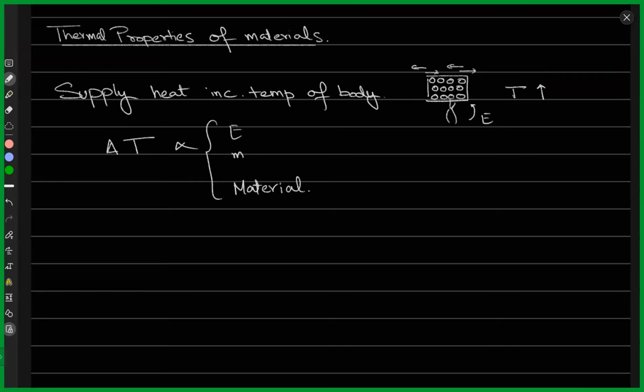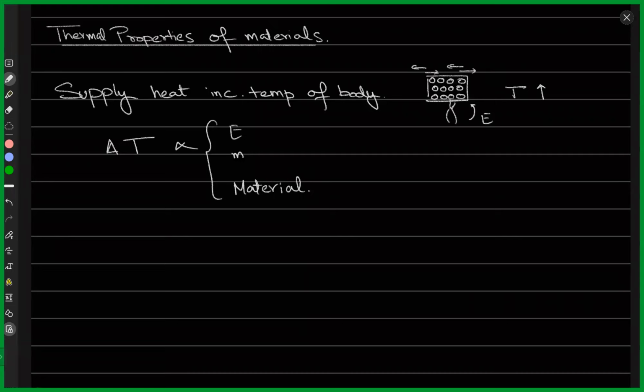So what I'm saying is, if I heat a body, its temperature is going to rise, and the amount by which it rises depends on the energy supplied, the mass of the object, and the material this object is made of. Is that clear for everyone? Is it clear? All right.